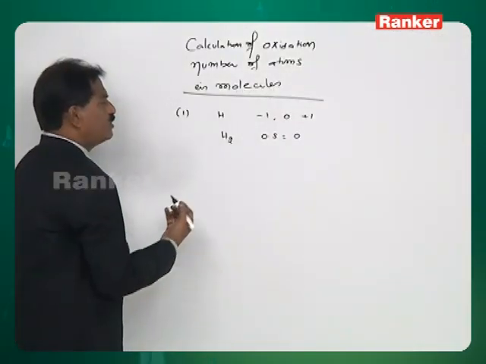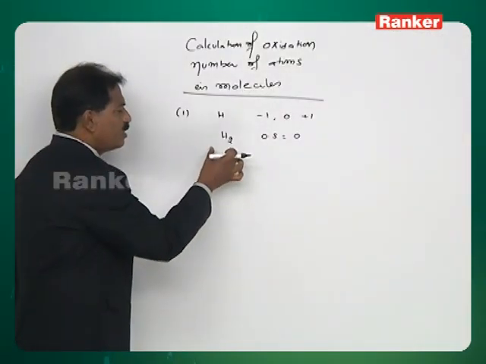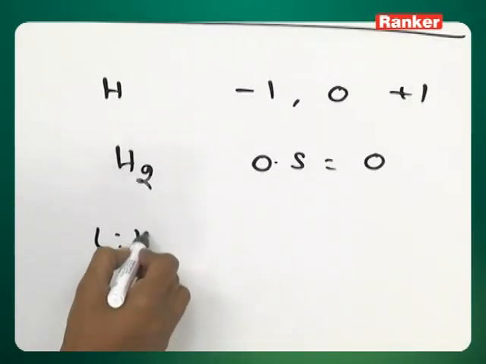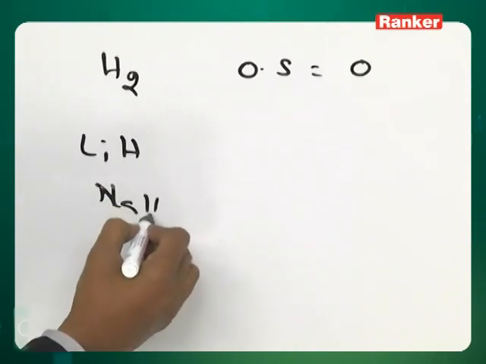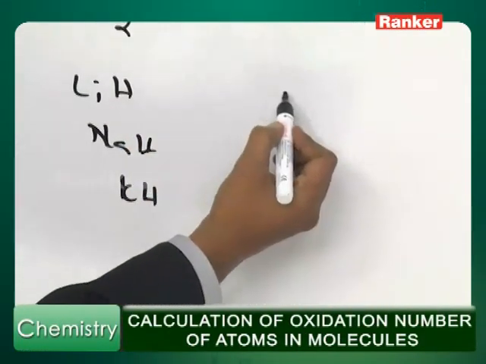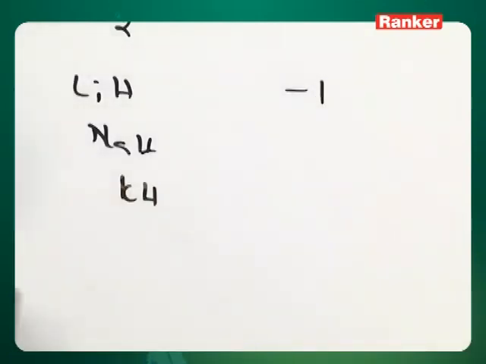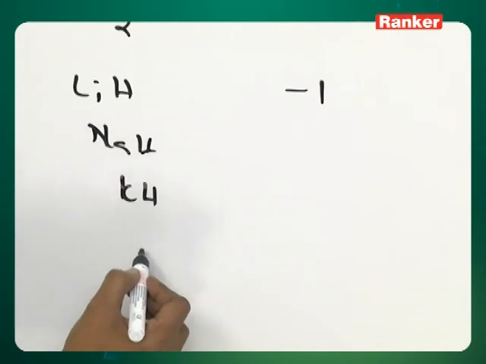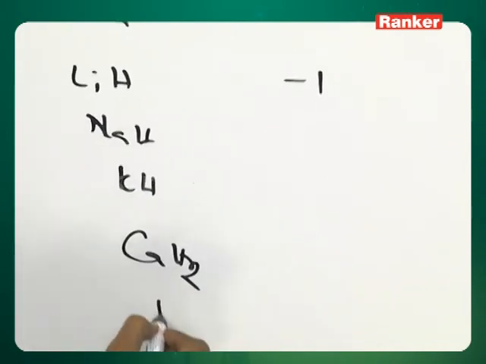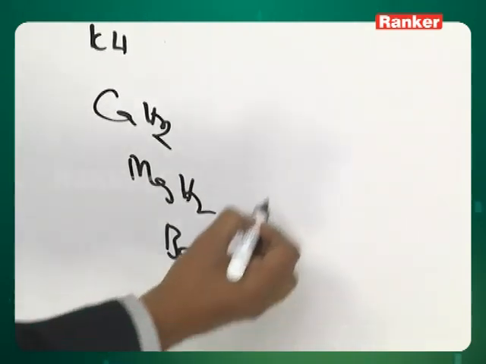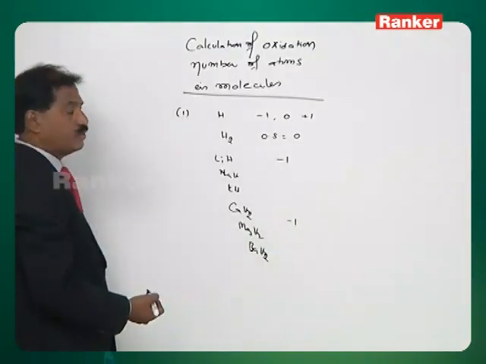Next, if hydrogen exists along with first group metals, like lithium hydride, sodium hydride, potassium hydride, for hydrogen we will give the oxidation state -1. Similarly, in the hydrides of the second group metals like calcium hydride, magnesium hydride, barium hydride, we will assign the value -1 for hydrogen.